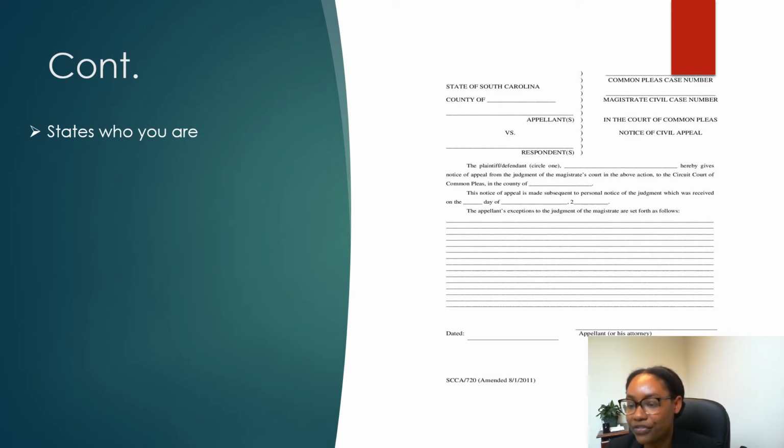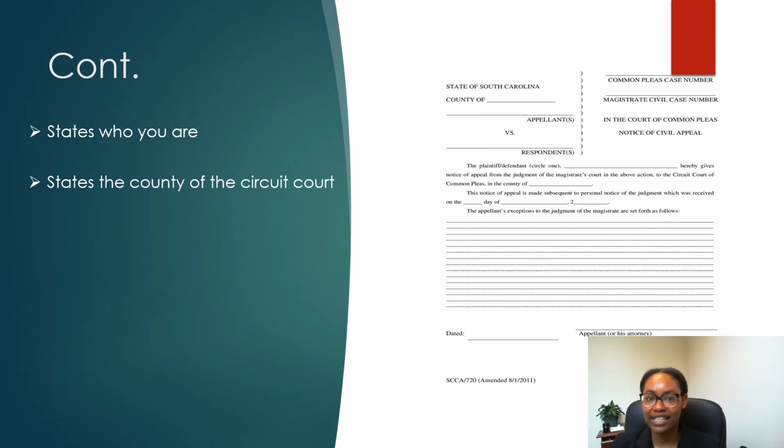It says you hereby give notice of appeal from the judgment of the magistrate's court in the above action. So the Circuit Court of Common Pleas in the county of whatever county the circuit court is in that you are filing this appeal, which is your county.